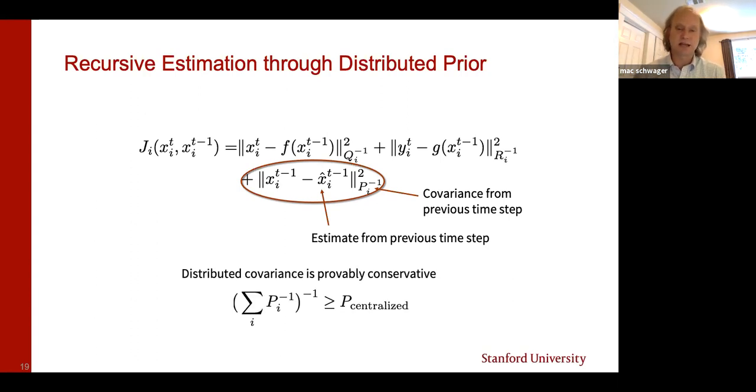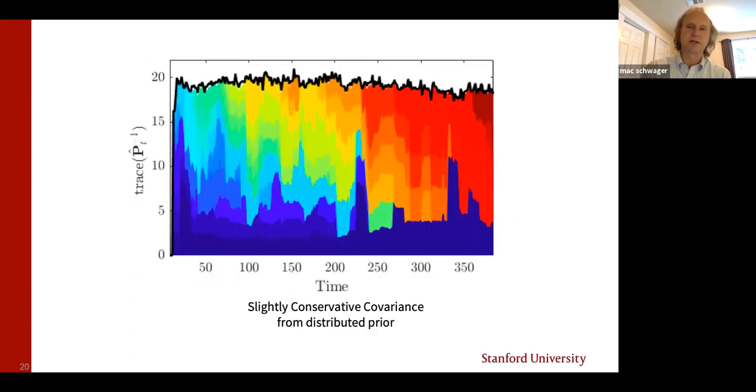We can prove that this is actually conservative probabilistically. This assumes that our error covariance on the prior is no better than it actually was. So it's provably conservative, but it is a little bit conservative, and we want to quantify how conservative it is, and that's shown in this plot. If we were to use the true centralized error covariance from the previous time step, we would get this black line for the trace of the centralized error covariance.